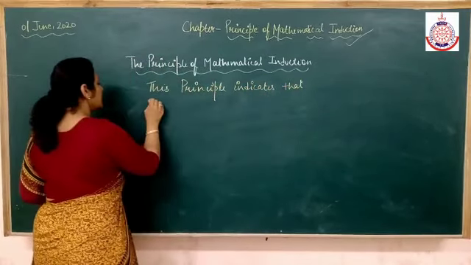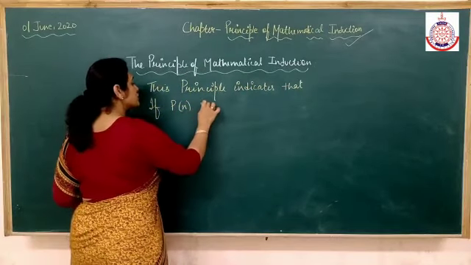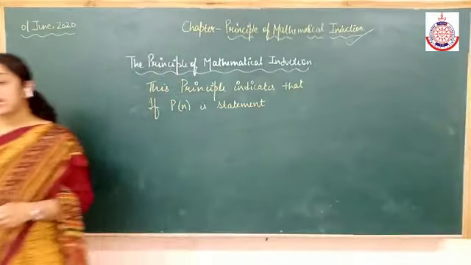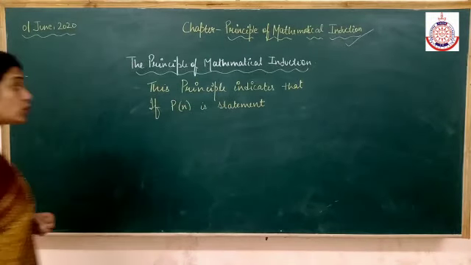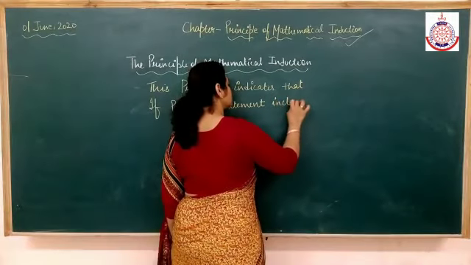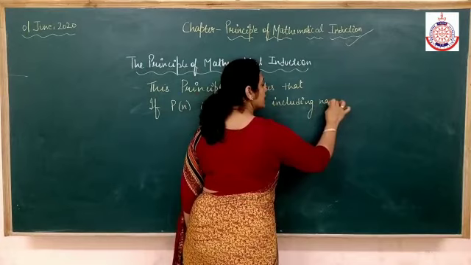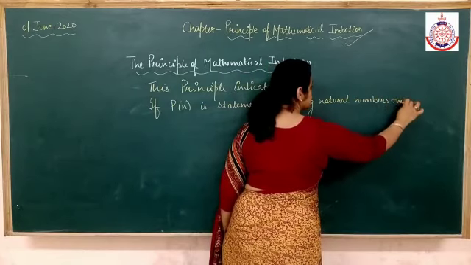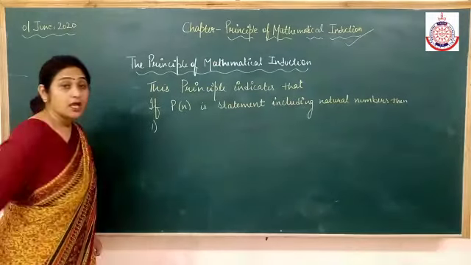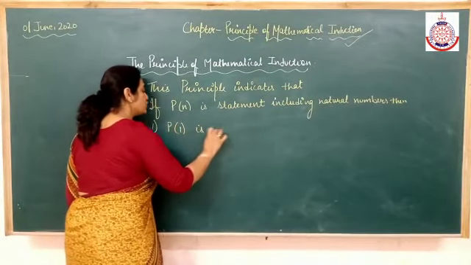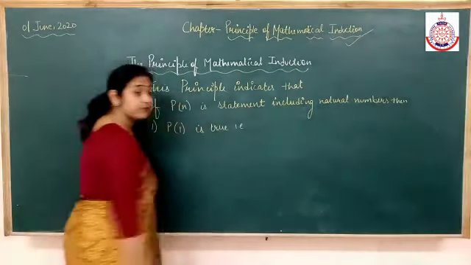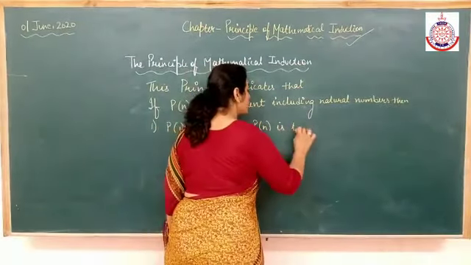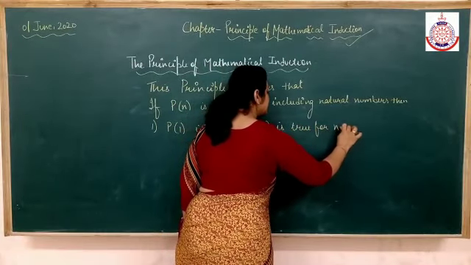This principle indicates that if Pn is a statement including natural numbers, then number one, P1 is true, that is, Pn is true for n equals 1.